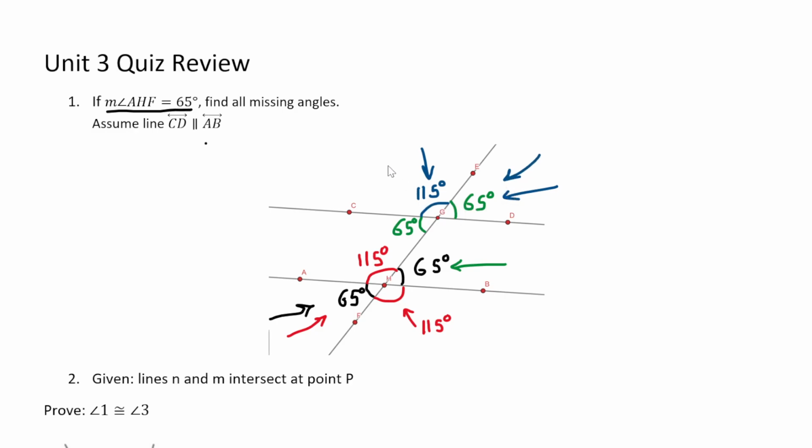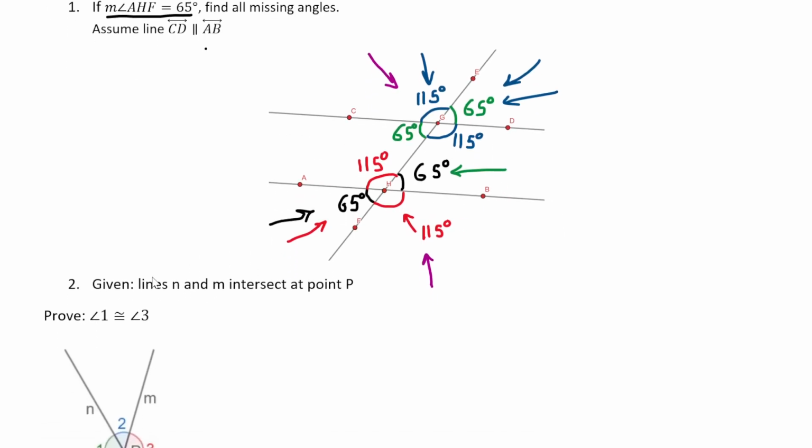And not only that, you can say that technically, let me use this color, this angle right here is alternate exterior to this angle right here. So they have to be the same, and they are. Alright, now with that being said, that means this angle right here has to be also 115 degrees. That is because this angle in blue is vertical to this angle in blue, and they have to be the same. And that's it. These are all the angles.